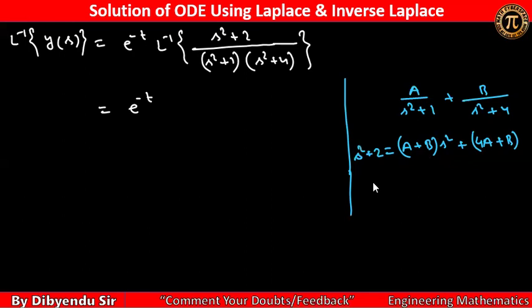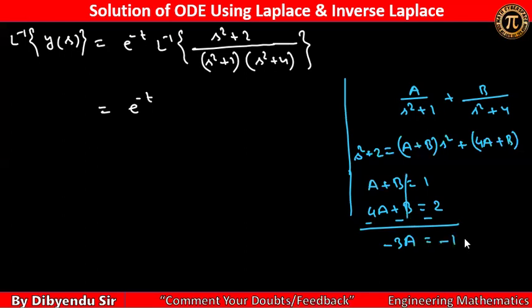So if you compare, you will get A plus B equals 1, and 4A plus B equals 2. So after simplifying, you are getting minus 3A equals minus 1. So you are getting A equals 1 by 3.